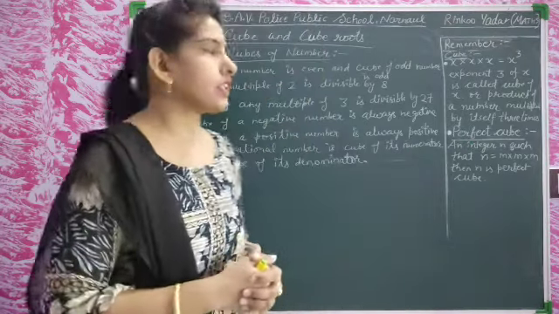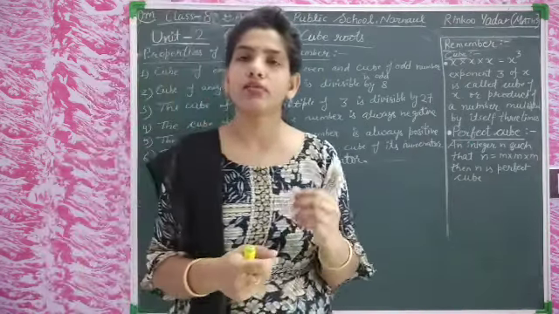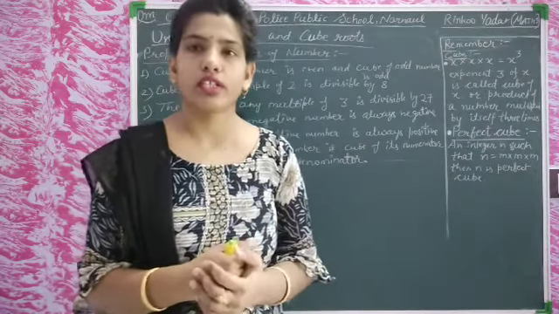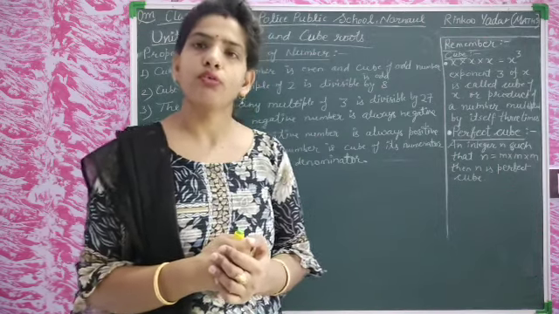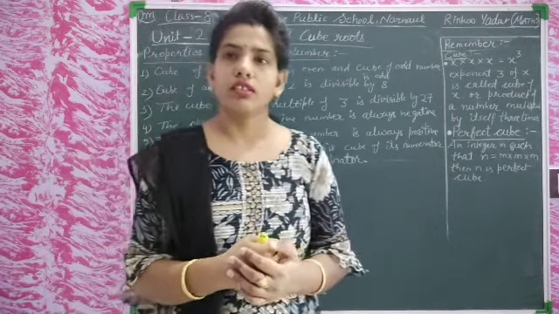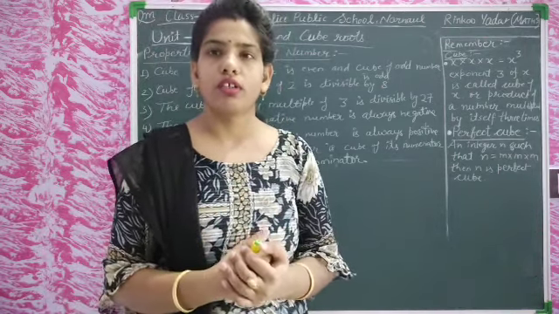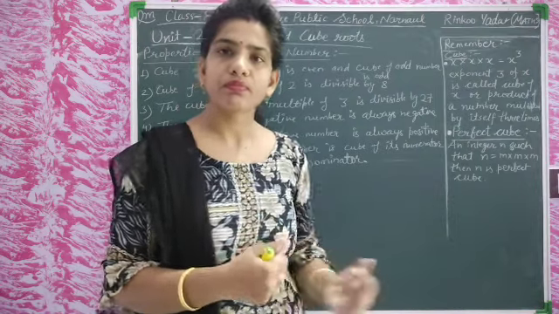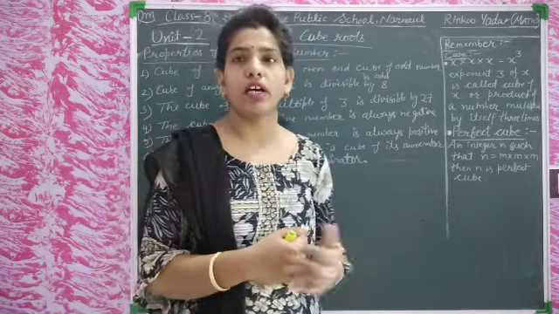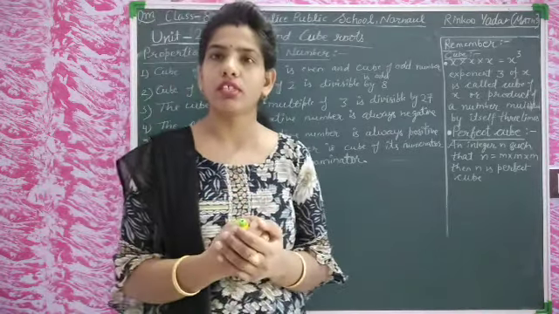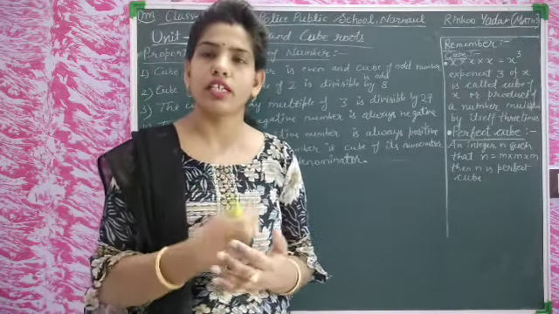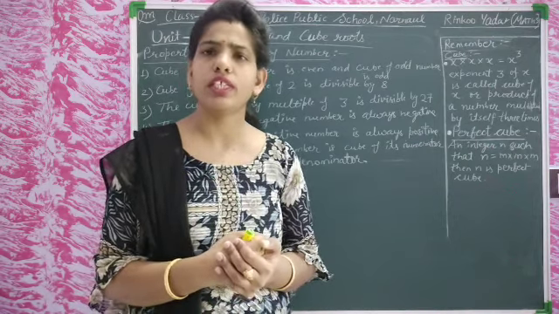Is it clear to students? Now, we have done the square root in square and square roots. What is the power? The power is 1 by 2. We know about the powers of natural numbers, and if there are integers also, we can solve easily.